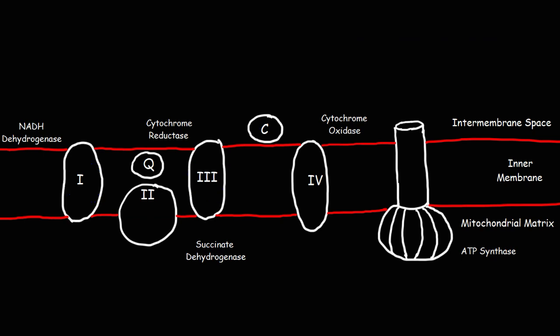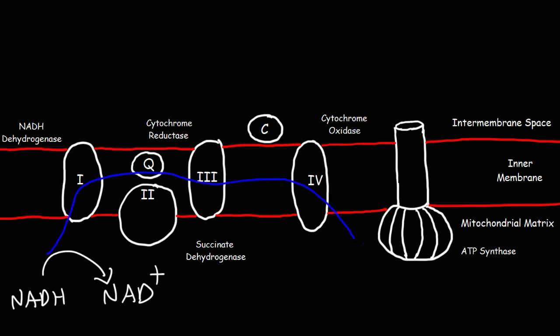So now we need to do some math. So let's go back to NADH. As NADH is oxidized to NAD+, we said that it's going to give up electrons, which will pass through complex 1, Q, complex 3, and complex 4. So notice that NADH activates 3 complexes.